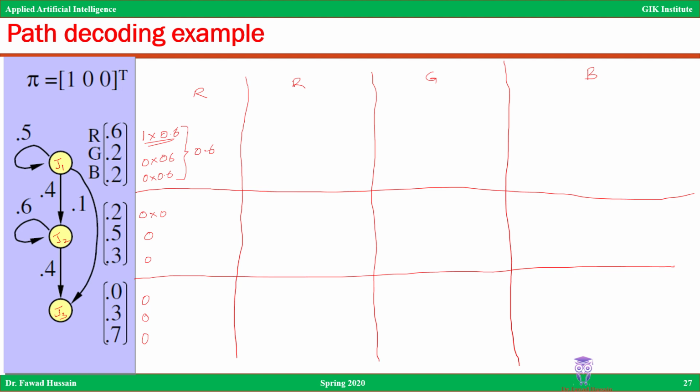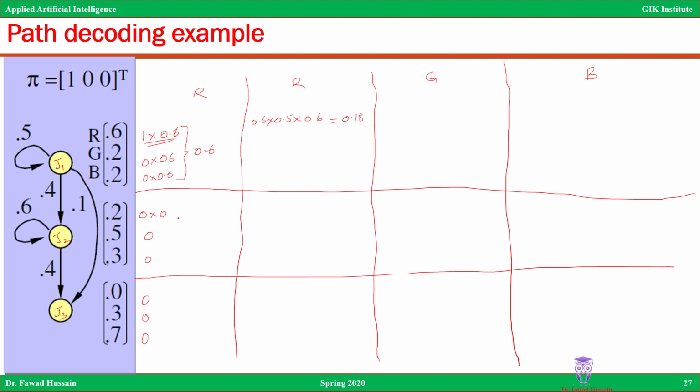Let's move on to the second R. Now, if I come from here, then the probability will be 0.6, which is this one, multiplied by, from jar 1 remaining in jar 1, which is 0.5, multiplied by selecting an R, which is 0.6, and this is equal to 0.18.